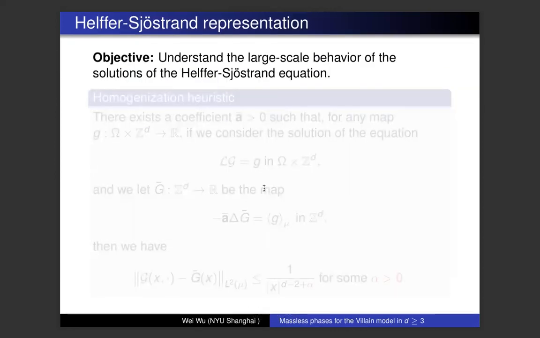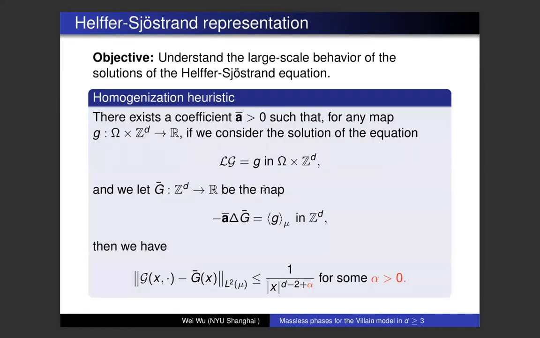But heuristically, to show that the large-scale behavior of the grad phi model behaves like some Gaussian free field with some effective covariance matrix, what we need to do is look at the solution to the Helffer-Sjöstrand equation and show that on large scale, this solution G behaves effectively like a solution to this constant coefficient harmonic equation.